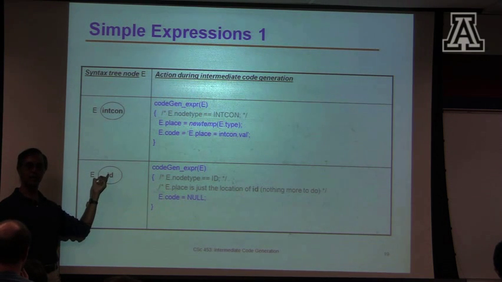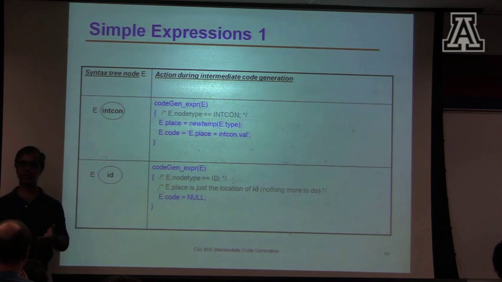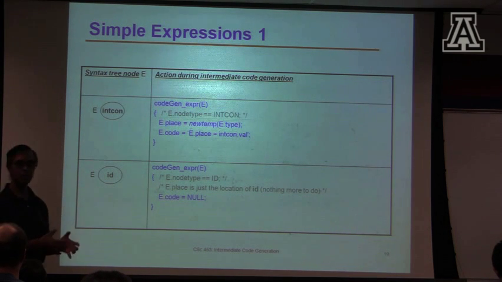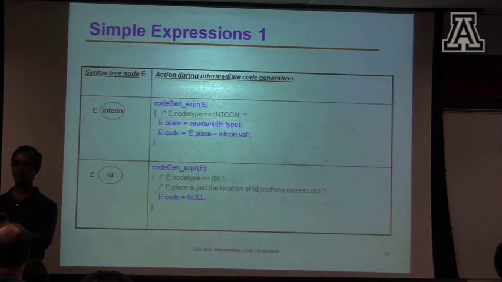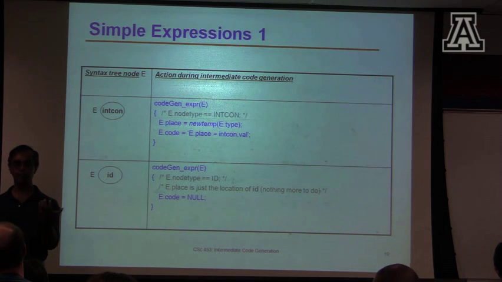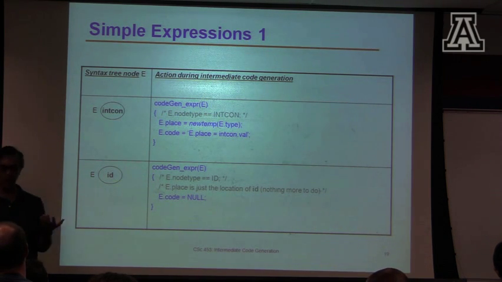So where does the value of this identifier live? Let's say the identifier is x. Well, we will allocate space for x somewhere in the stack frame. So there is a symbol table entry. I don't need to allocate a separate temporary to hold the value of x, because the value of x is in the location for x.